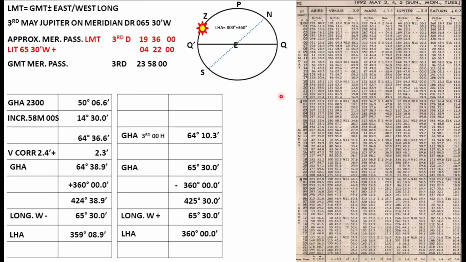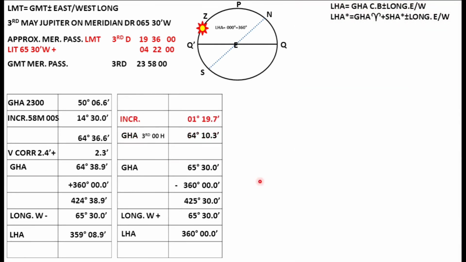I go for the value here, 64 degrees 10.3. So I have taken the hour value here. Now the difference between this and this is the increment, which includes the V correction. So what is the increment here now? 1 degree 19.7. And now in this the V correction is also added. So I have to subtract the V correction from this value. The V correction was 2.4.